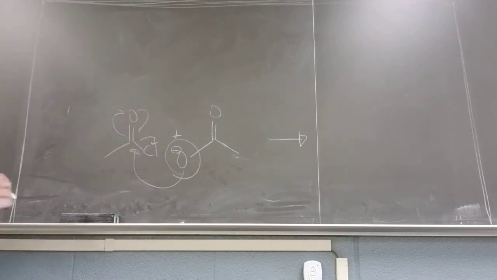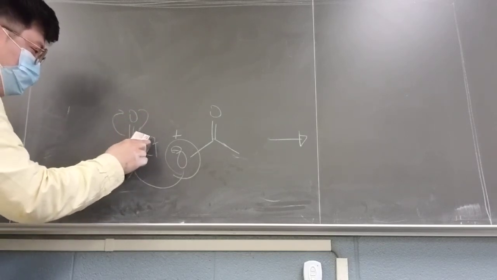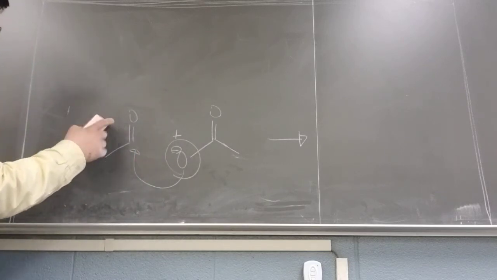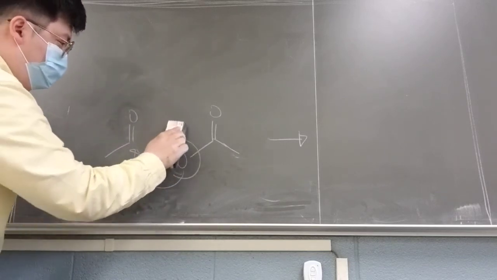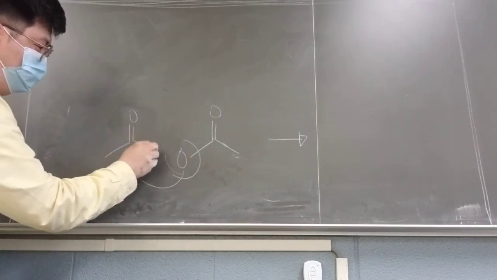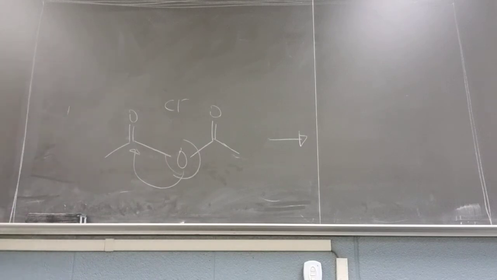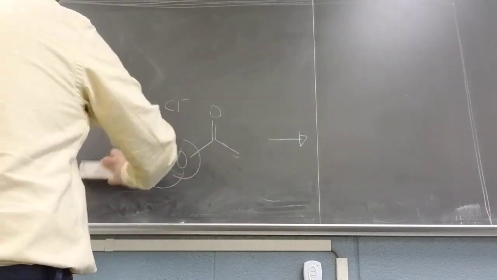So literally you just remove that one and it's back to the original carbonyl group here, and Cl minus will just leave. So that's pretty much it. Okay. All right, looks good.